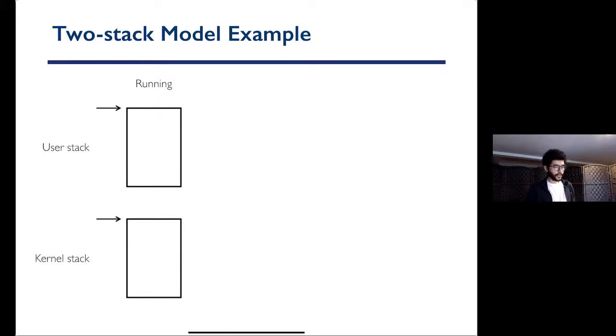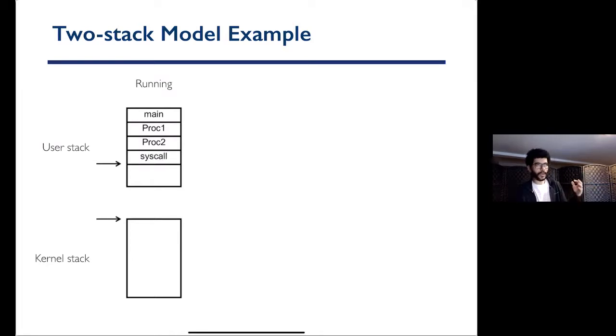Now, let's say I do my main, so I push everything for main on my user stack, and let's say main calls procedure 1, procedure 1 calls procedure 2, and procedure 2 at this point calls a system call, let's say open a file or something. So when it calls open and pushes the name of the file, whatever is needed for that system call is pushed on the user stack.